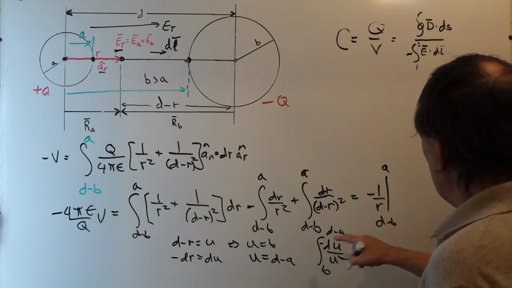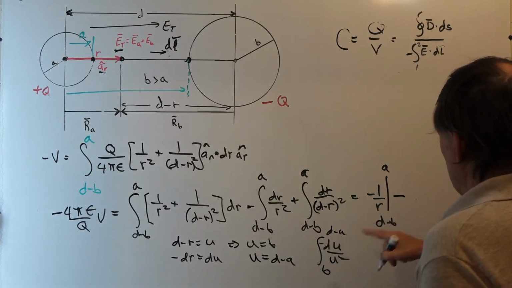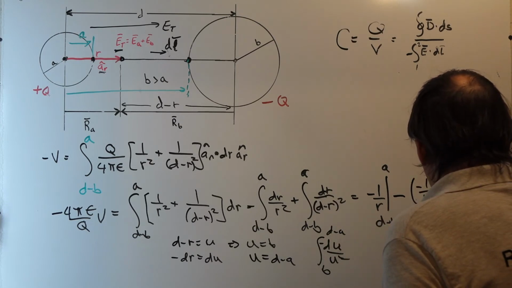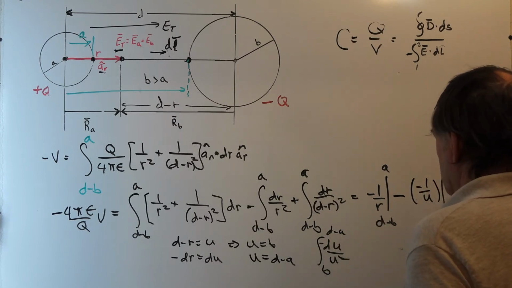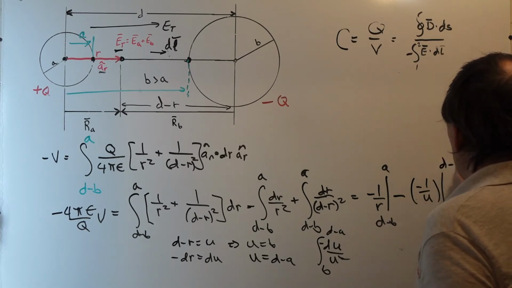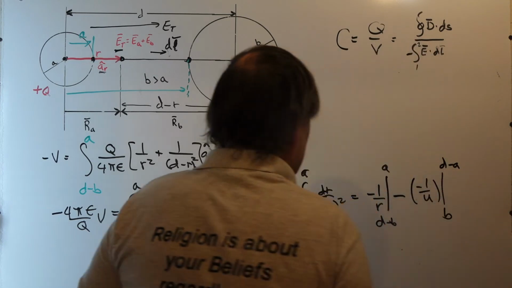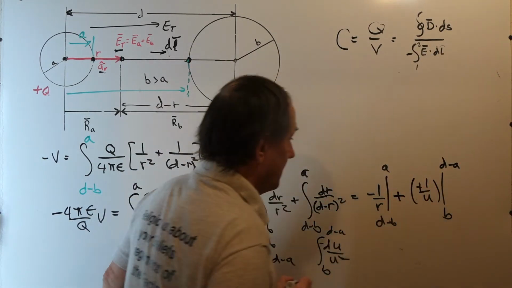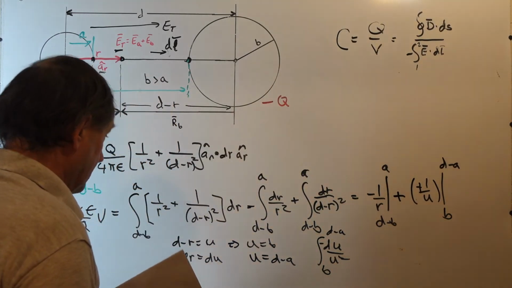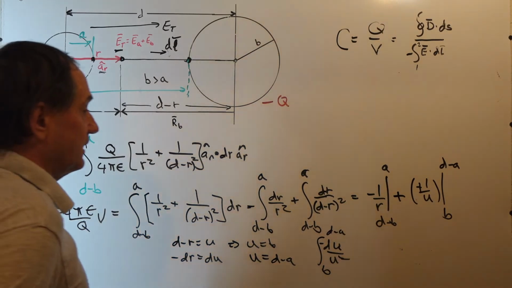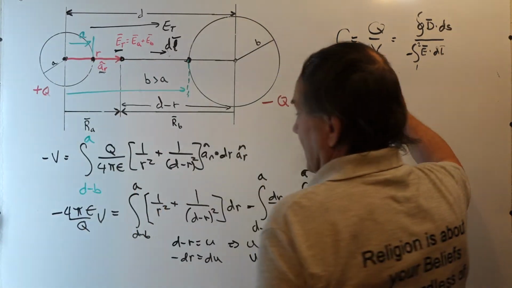So we have a minus sign, and then when we integrate this, we get a minus 1 over u evaluated from b to d minus a. And we have a minus minus, so I'll just make that plus. And that's equal to minus 4 pi epsilon v over q. So let's go ahead and put that up here.